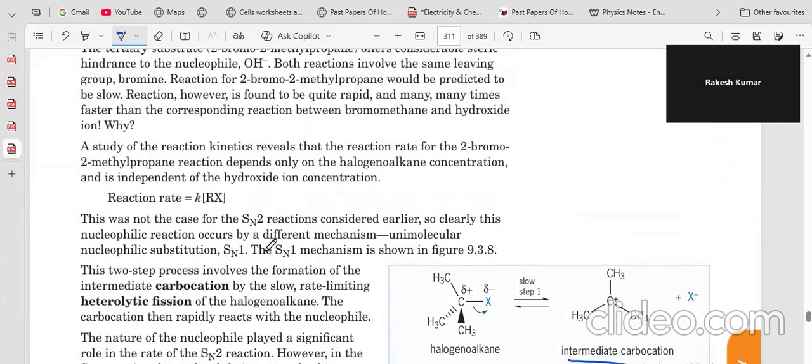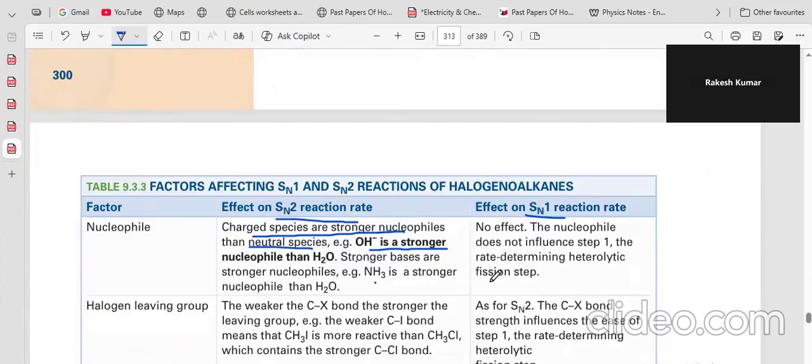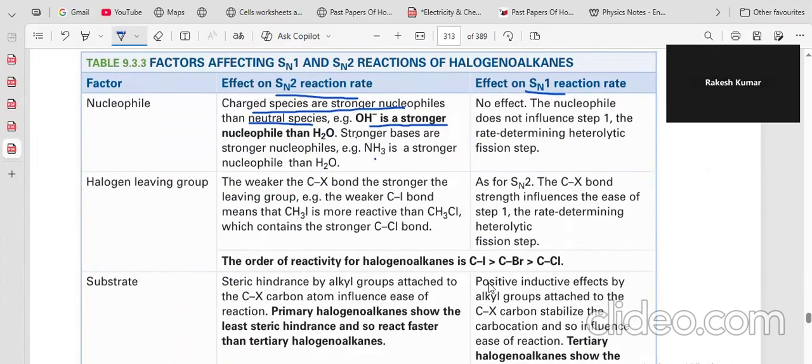And we know that the rate is dependent on the haloalkane concentration, not the nucleophile. So in SN1 the nucleophile strength is of no relevance.